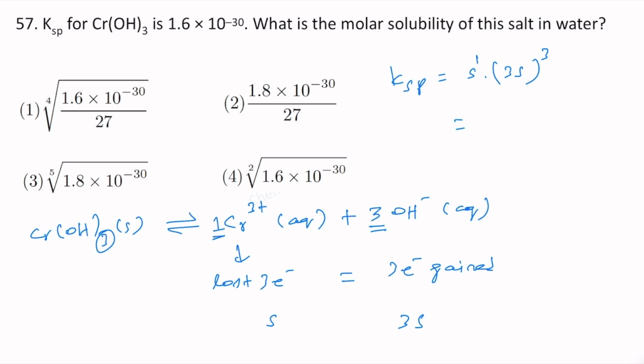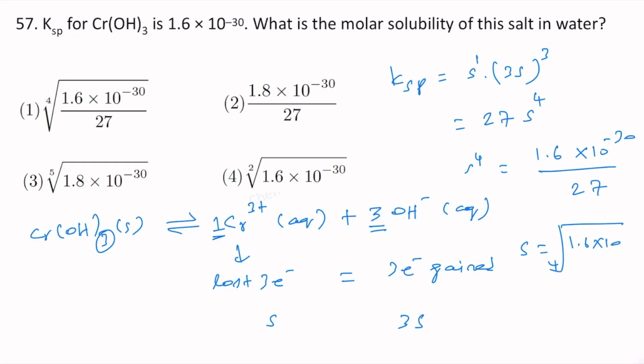Therefore, 3 cube is 27, s cube and s1. Therefore, that will become s to the power 4. Ksp value is given. Therefore, s to the power 4 is equal to 1.6 times 10 to the power minus 30 divided by 27. Therefore, s will be quartic root of 1.6 times 10 to the power minus 30 divided by 27. Therefore, option 1 is correct.